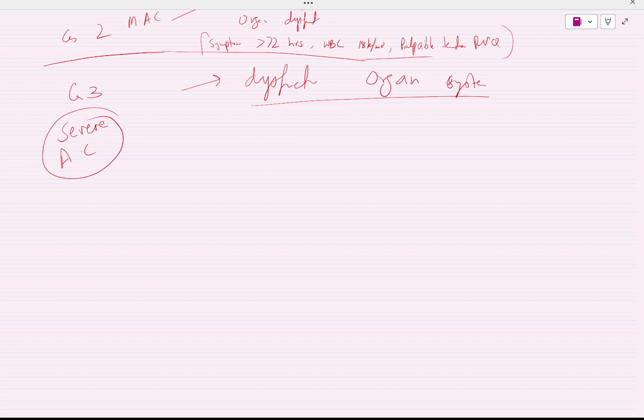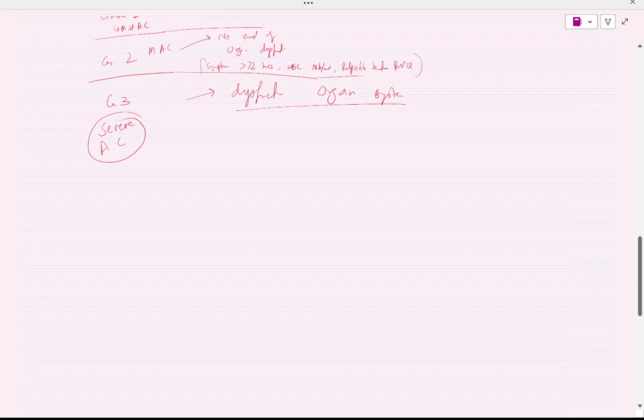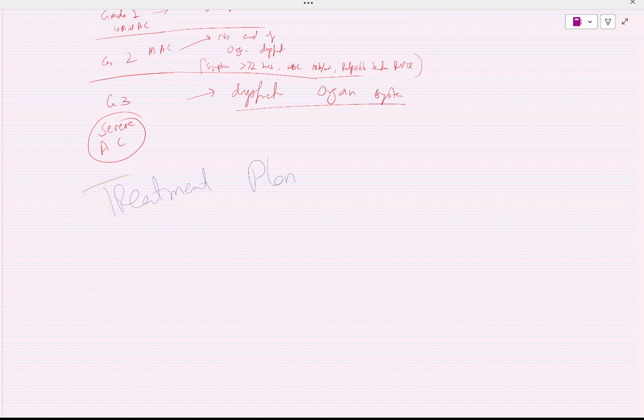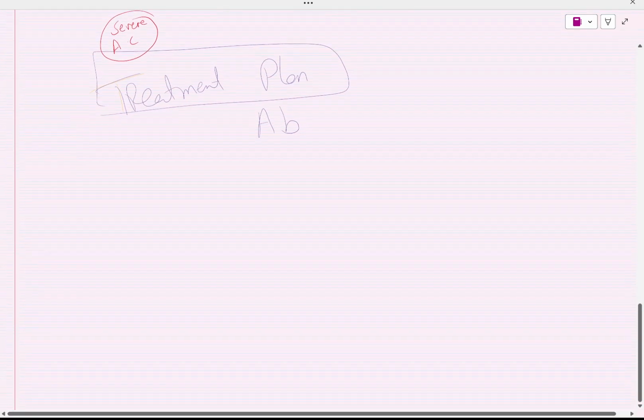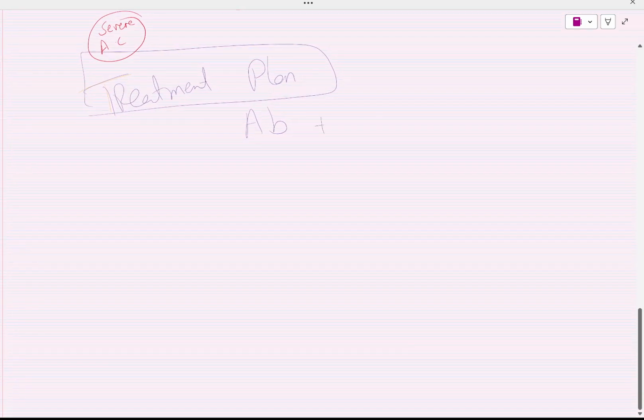So we are going to treat the patient according to the grading or severity. First of all, the main treatment plan is antibiotics plus surgery, cholecystectomy.